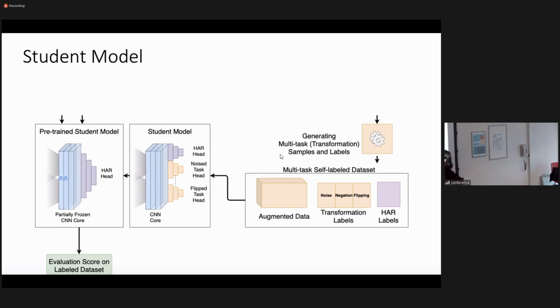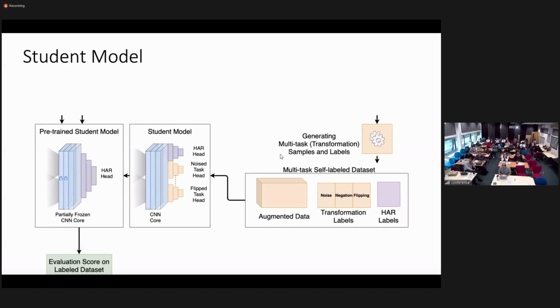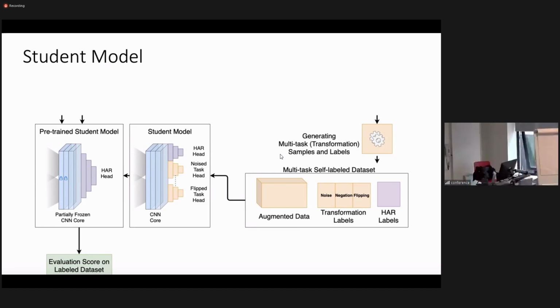And then I build another task that is essentially multitask. It tries to predict if the data has been flipped, if noise has been added to the data, and a multi-class task that is still an HAR task that predicts the class. The aim here is to see if by training the model this way, I learn something that helps me really predict the class better.